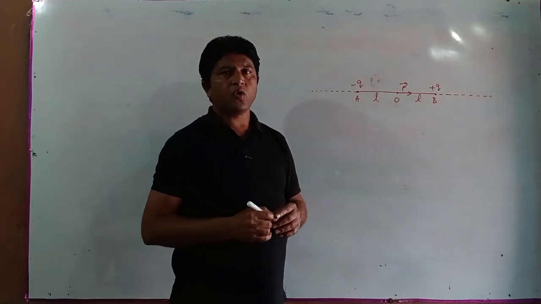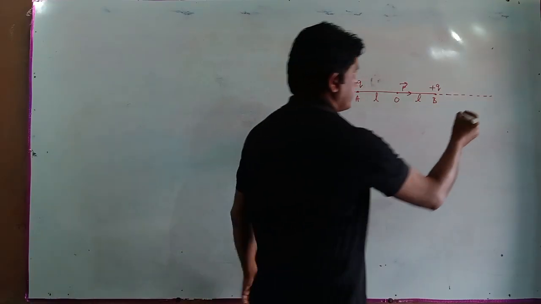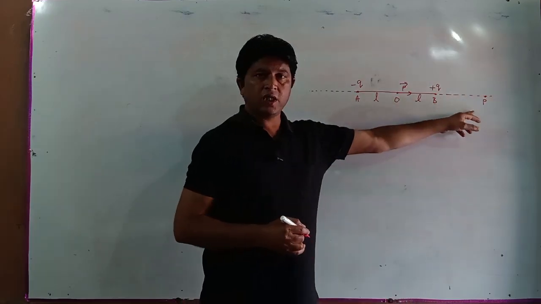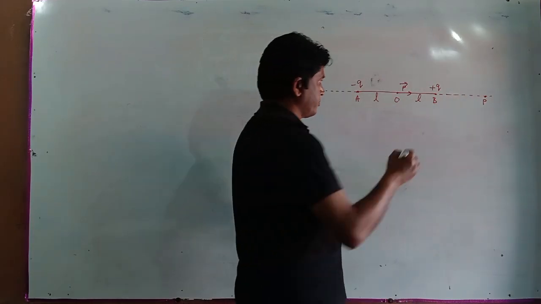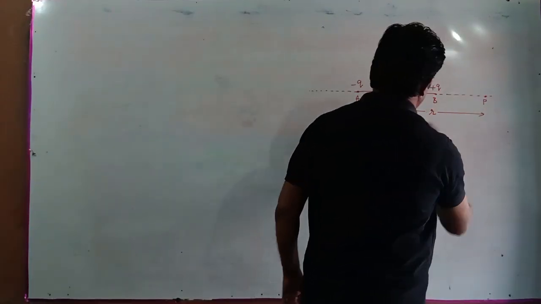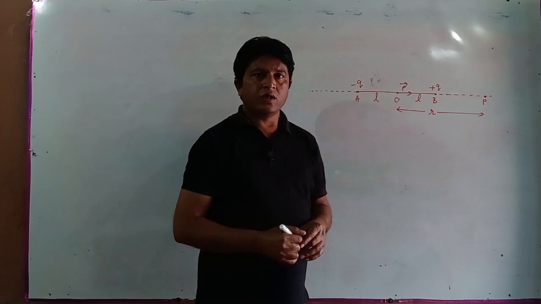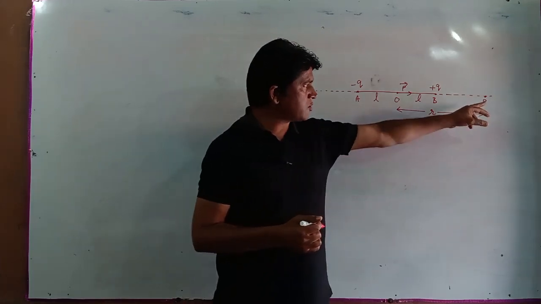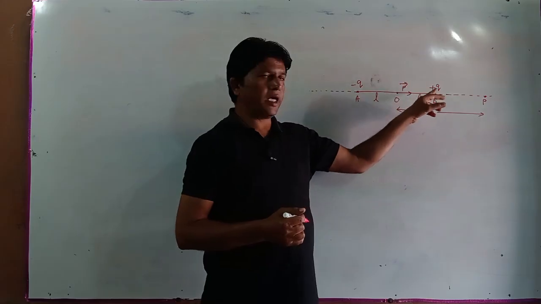On the axial line, we take a point P. The distance between O and P is represented by small r. Now, first of all, we determine the net distance of this point from minus q and plus q.